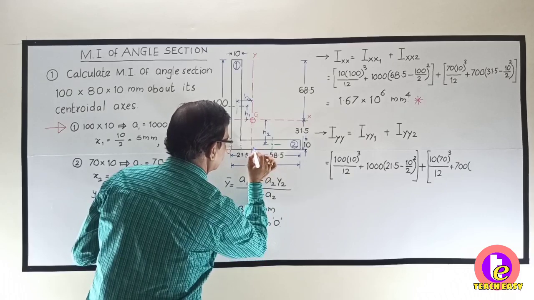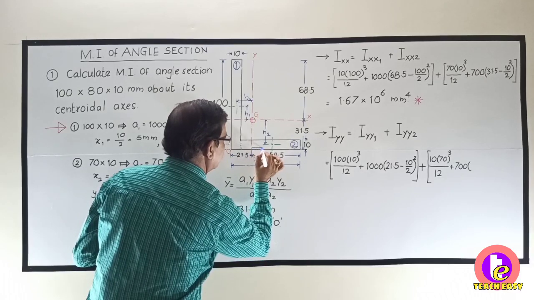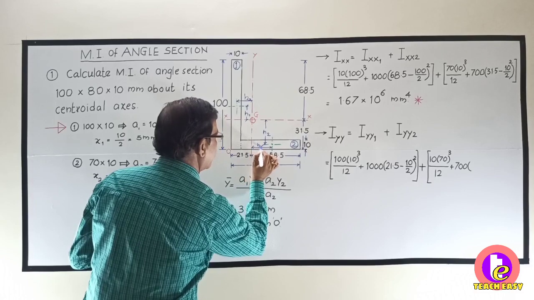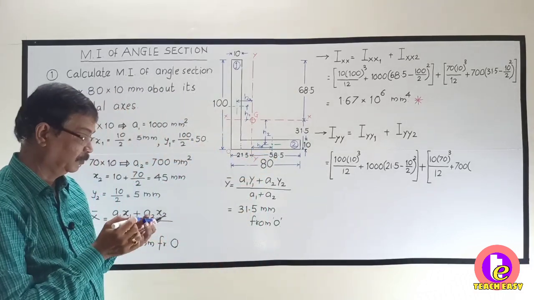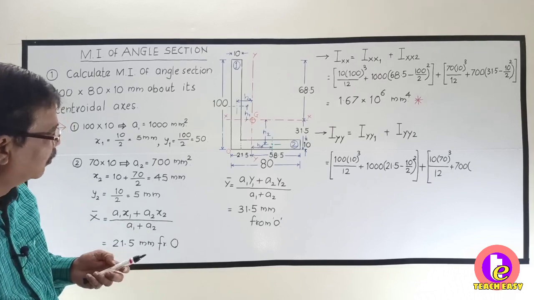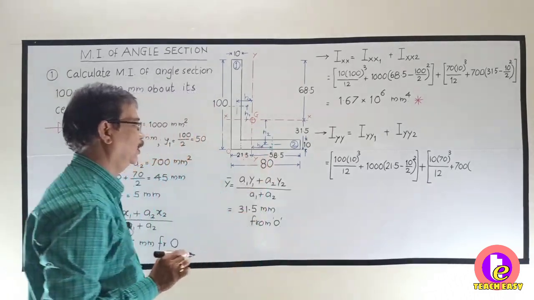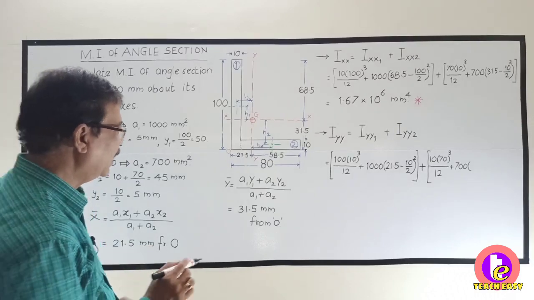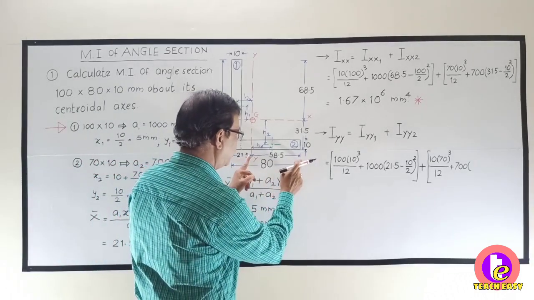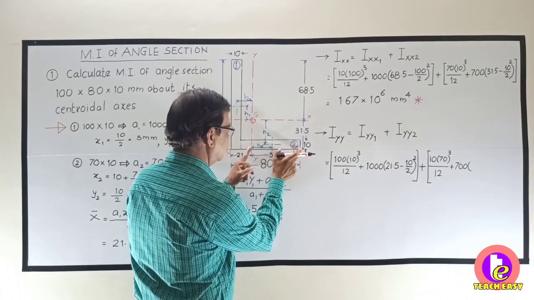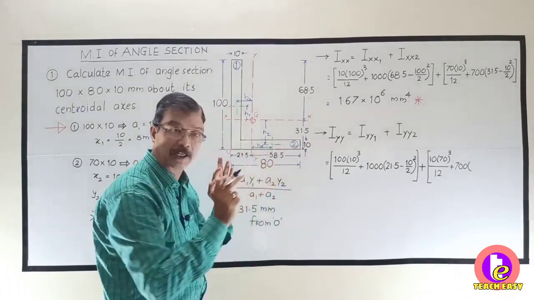Therefore, this will be the value of H4, I will say. So what will be this value? Come on, tell me. H4, may I say that it is 58.5 minus this distance. What is this distance? This is 70, so this is 70 by 2.